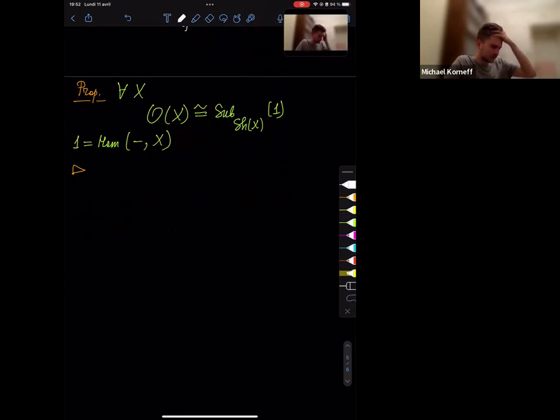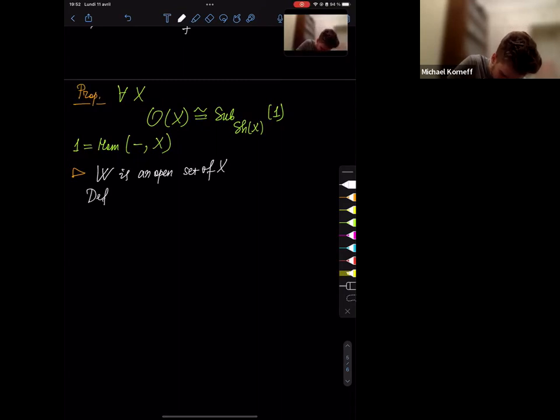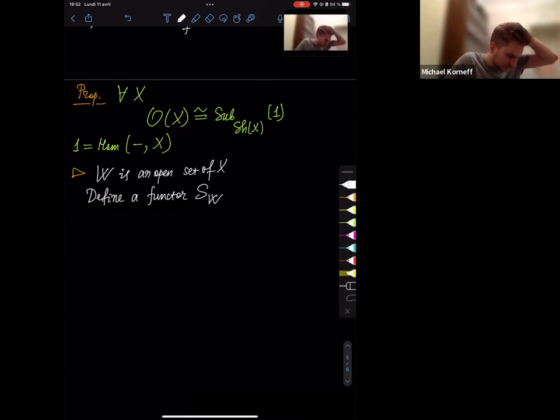Given any open set W of X, we want to define a functor S_W.